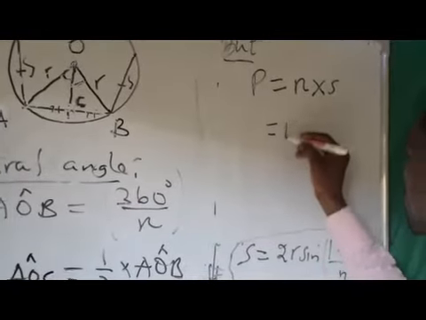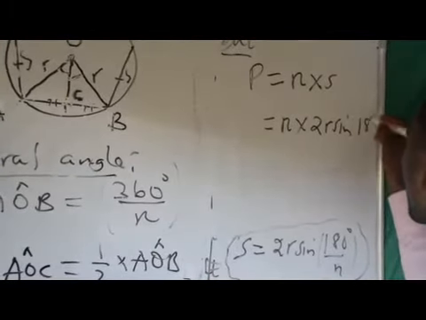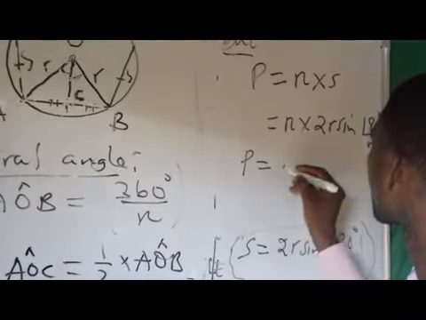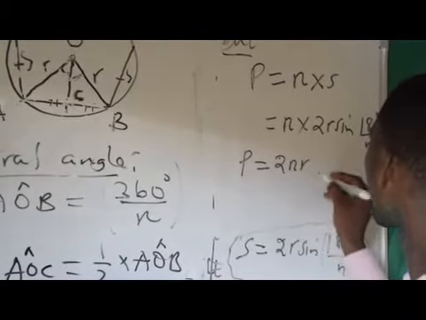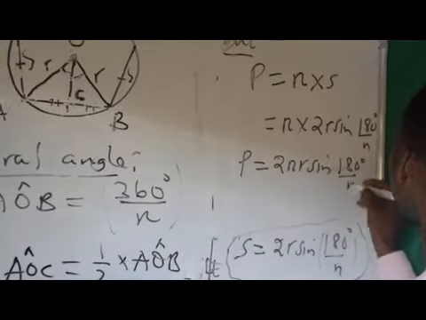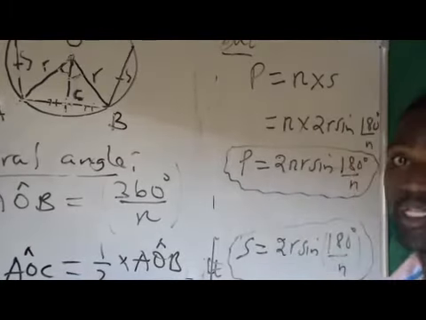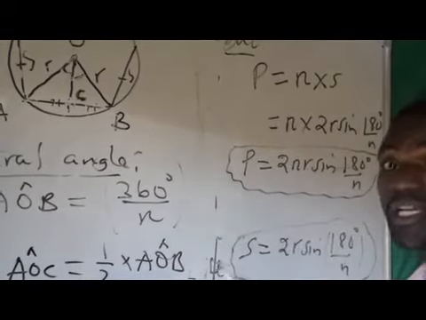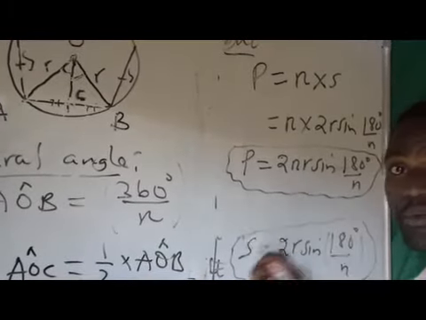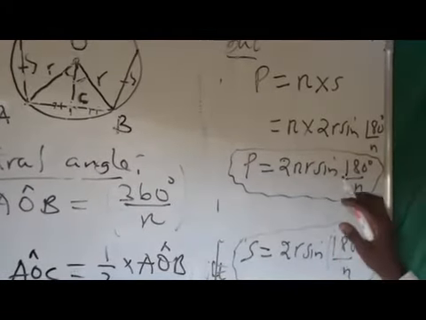So it will be n times twice R sine of 180°/n. At the end of the day, you get perimeter equals 2nR sine of 180 degrees over n. This now is the formula that we want, the formula that you can use to find the perimeter of any regular polygon inscribed in a circle of radius R.